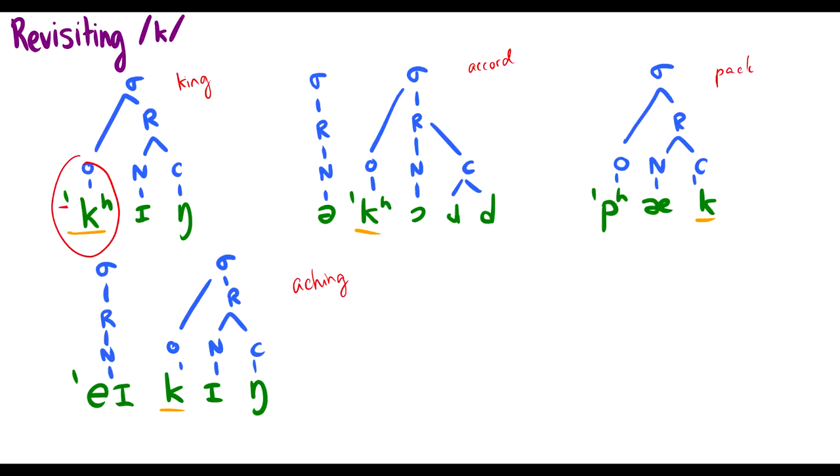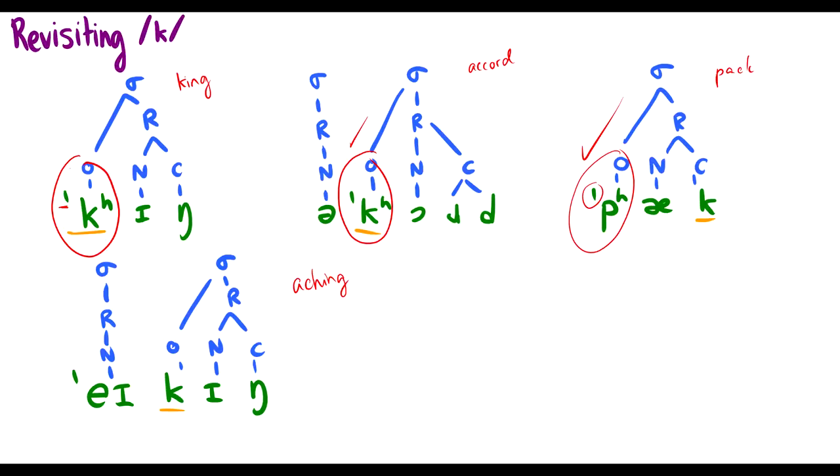So we have stress and onset, aspirate it. The second example, we take a look at the onset and the stress, okay, aspirate it. In the third example, this k is in the coda, so there's no aspiration. However, this p here has stress and it's in the onset, so we aspirate the p.